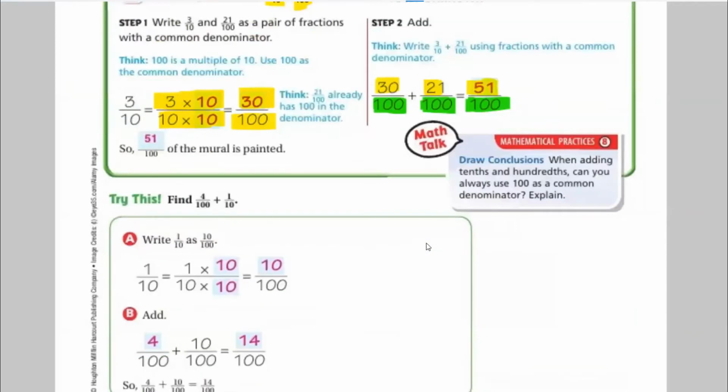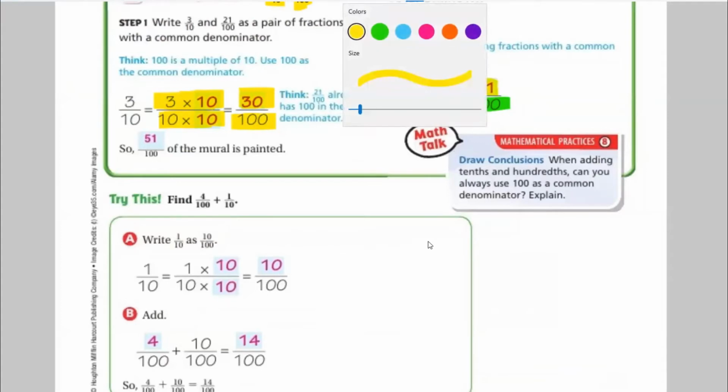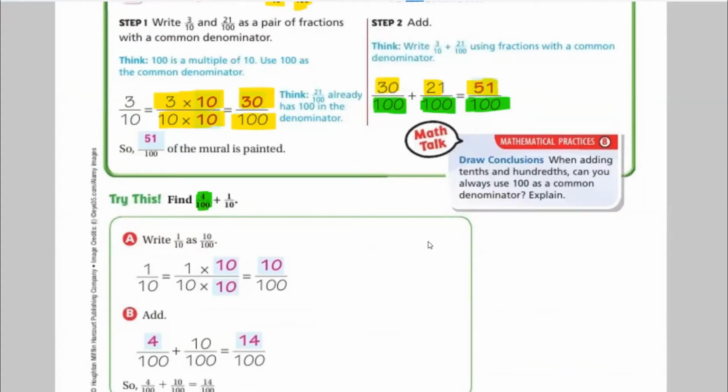Okay, let's move to the next example. Let's try this: 4 over 100 plus 1 over 10. So now the denominators are not the same. You have to make them the same. So we're gonna take 1 over 10 and multiply it by 10 up and down to make it 100 in the denominator.